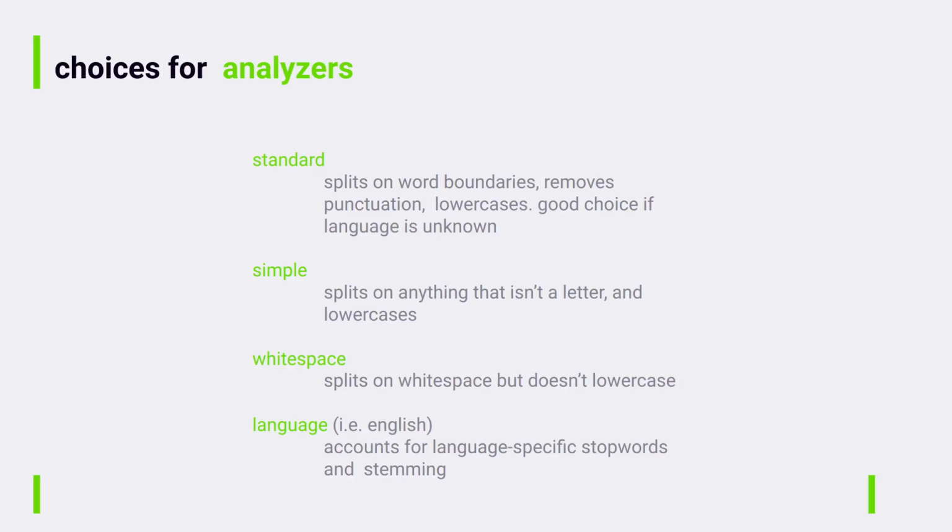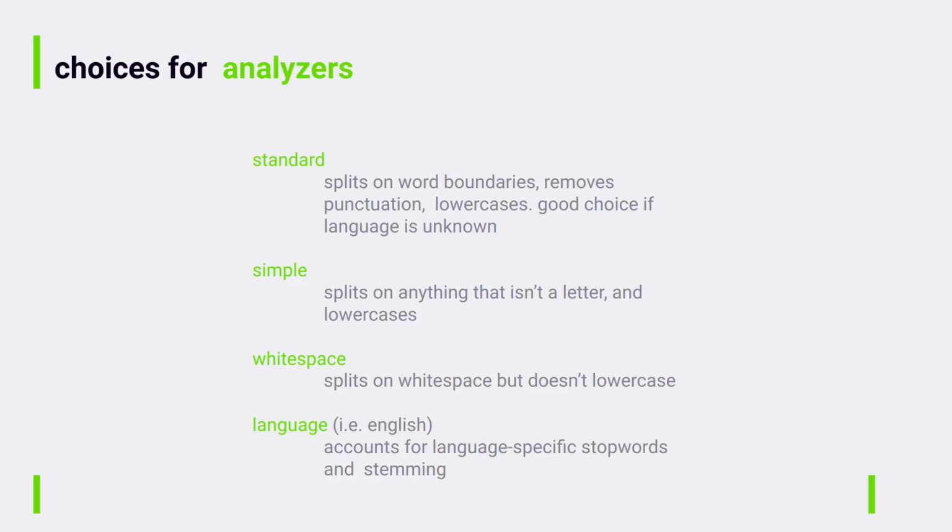It is a good choice when you don't know which language your text is in. The simple analyzer performs the split on anything that is not a letter and lowercases. The whitespace analyzer splits on white spaces, but does not lowercase the text.